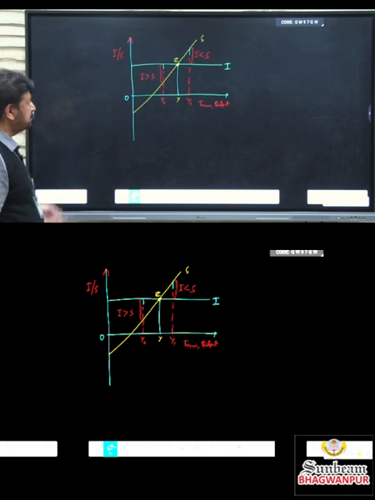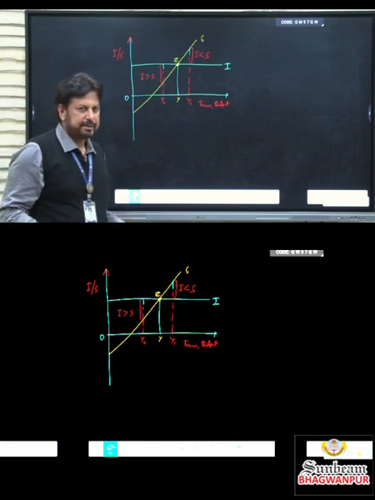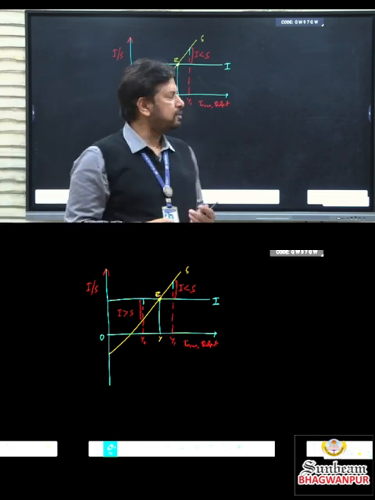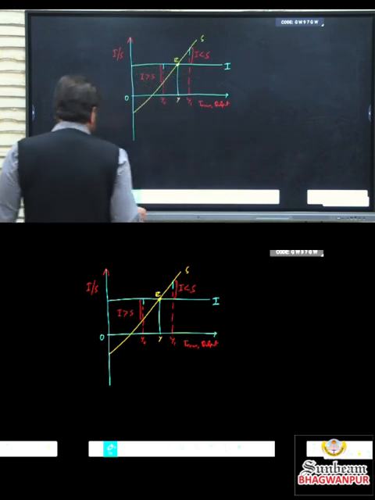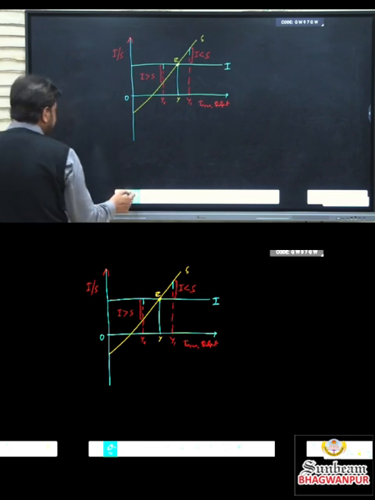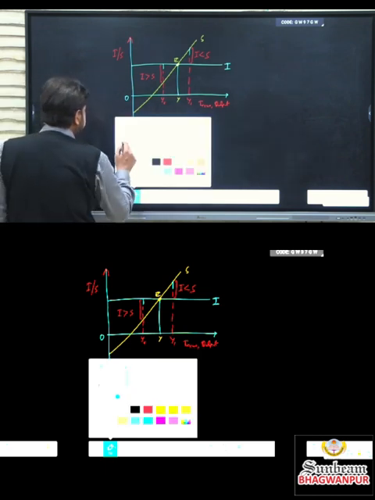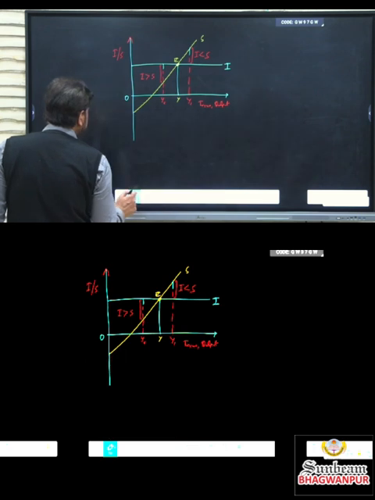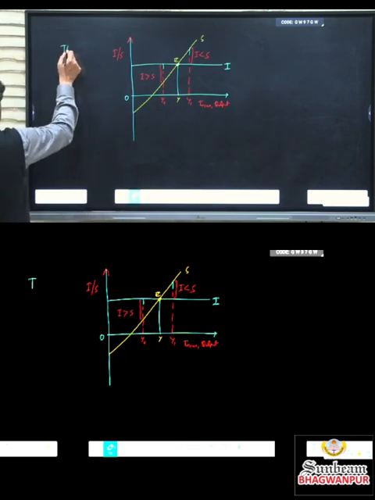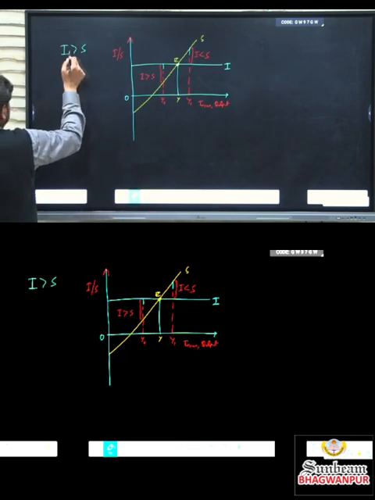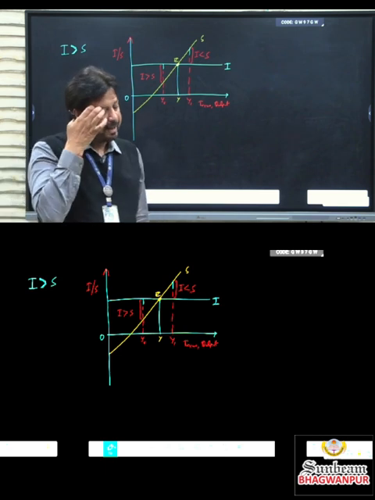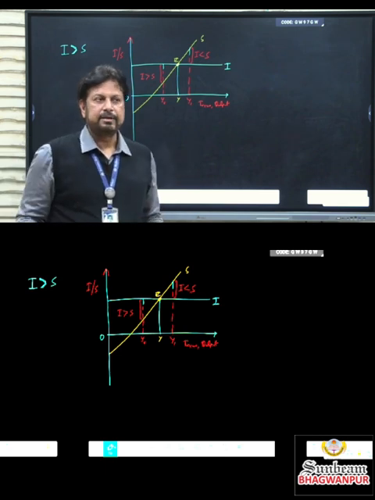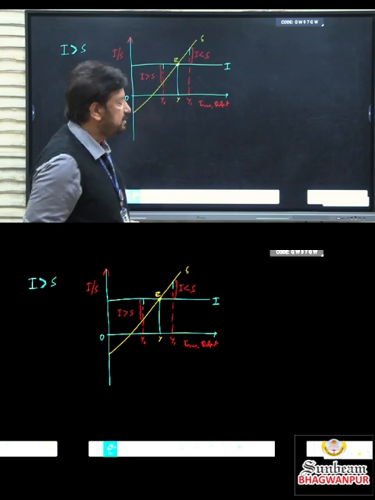One, when I is going to be more than S, investment is more than saving, or second, when I is less than saving. So if I is greater than saving, what will happen? Planned investment is going to be more than planned saving.